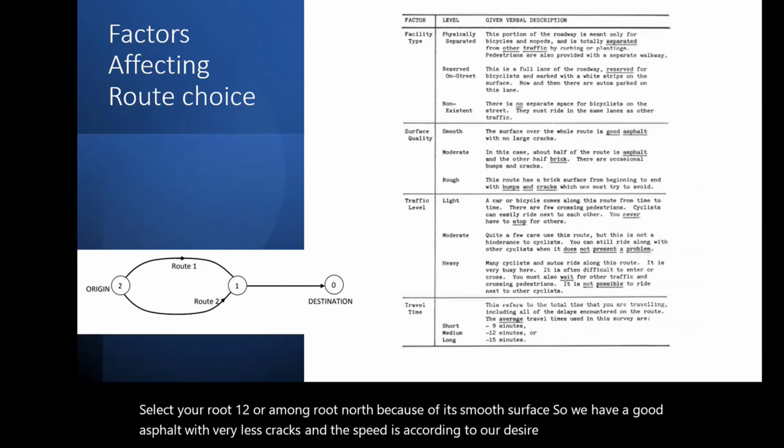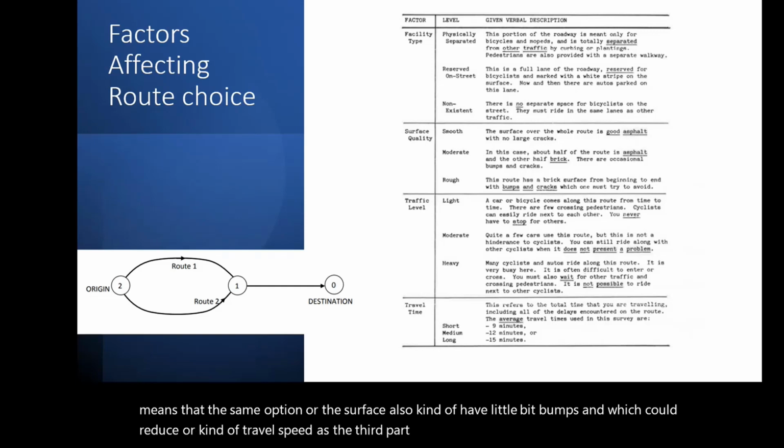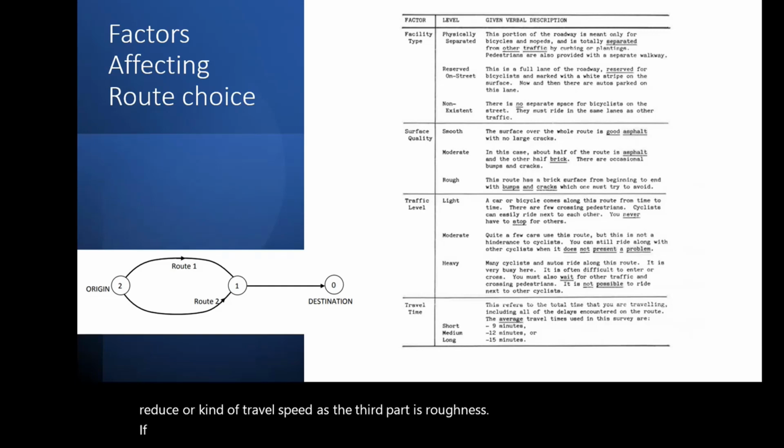But if it's moderate, the surface has a few bumps, which could reduce travel speed as well. The third part is roughness. If the roughness is at a very high level, we will never select that route.